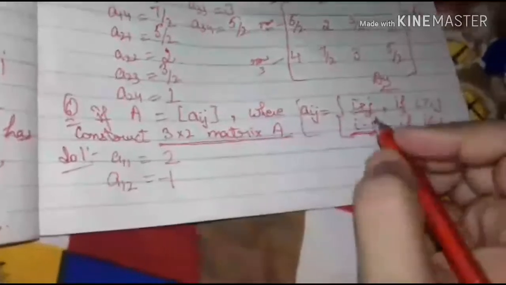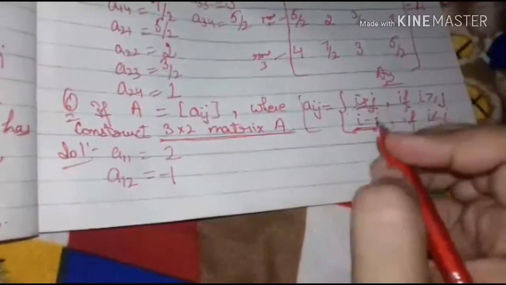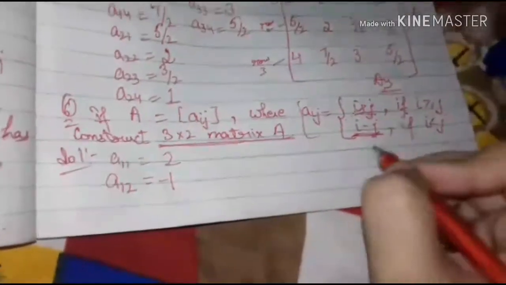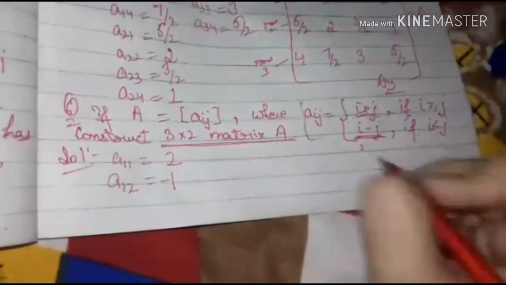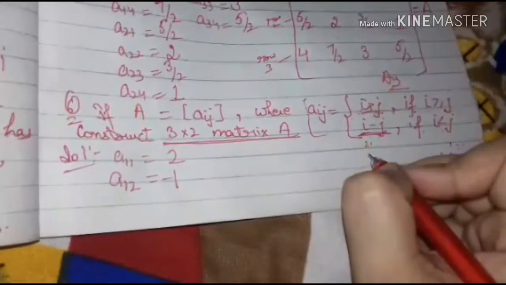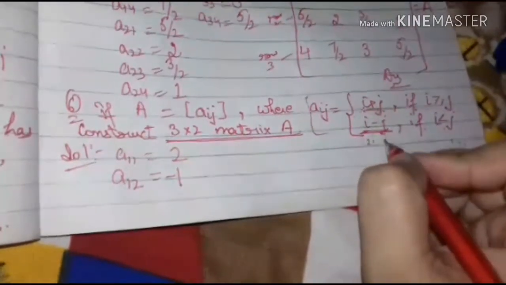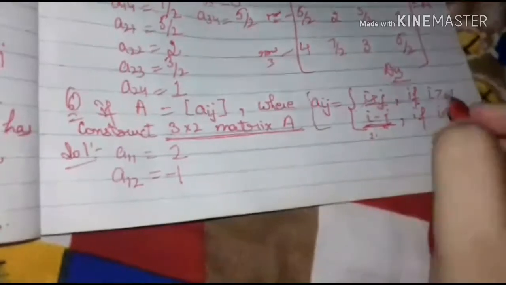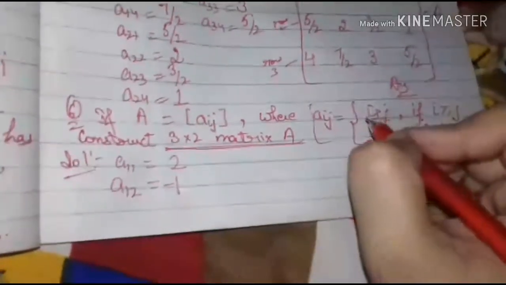Next is A21. Now i is equal to 2 and j is equal to 1. 2 is greater than 1, which lies in this equation.